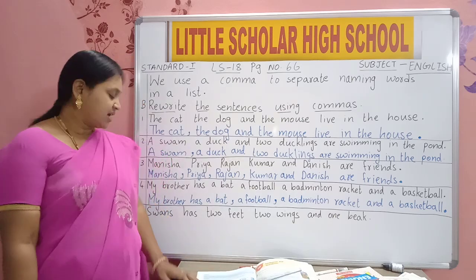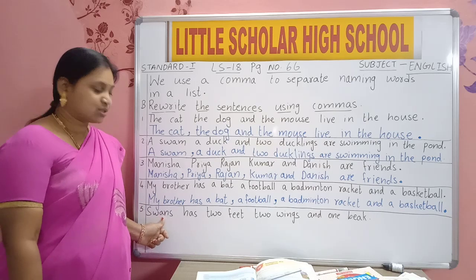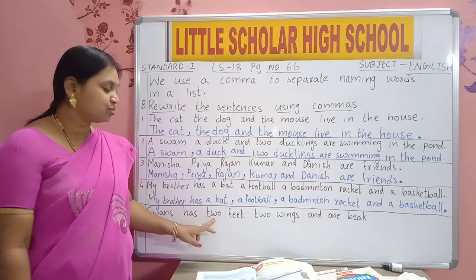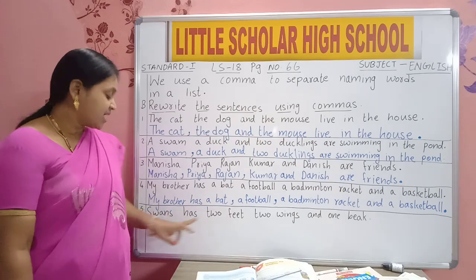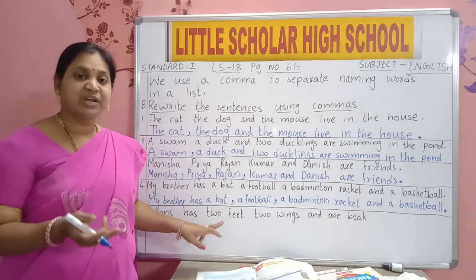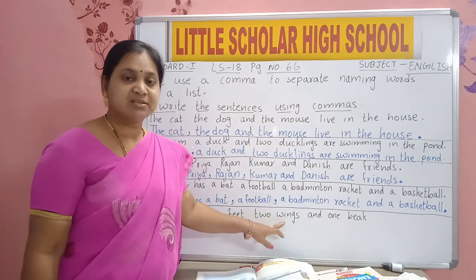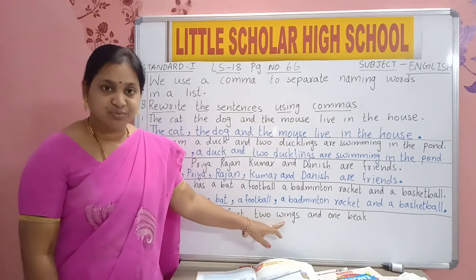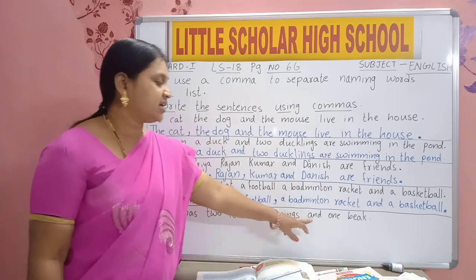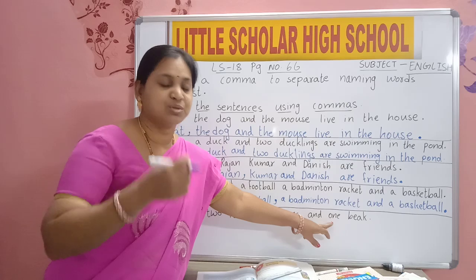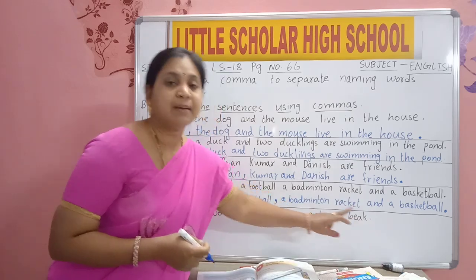S-W-A-N-S, swans. Swans have two feet, which means two legs. Two wings, W-I-N-G-S, wings. They have two feet, two wings, and one beak. Beak does not mean nose, B-E-A-K, beak.